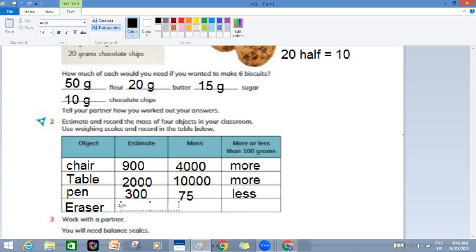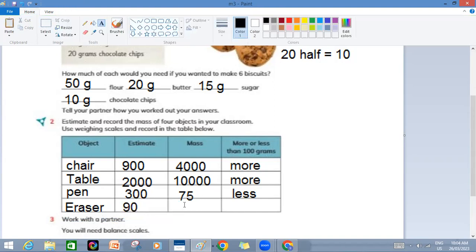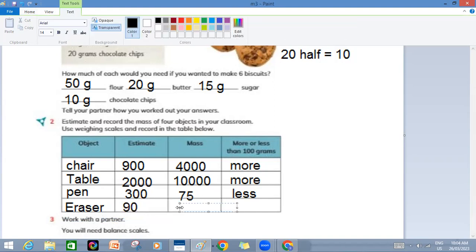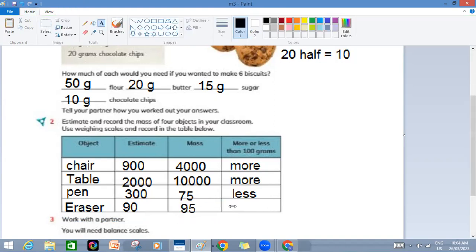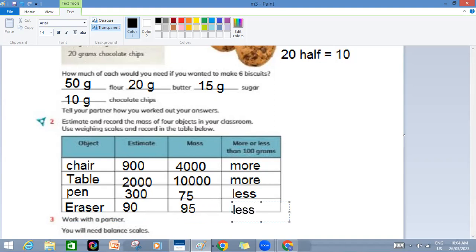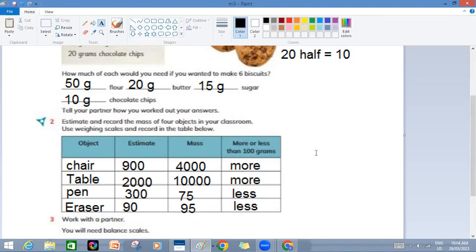Eraser we estimated 90, but when we actually measured, it was 95. And 95 is also less than 100 grams.